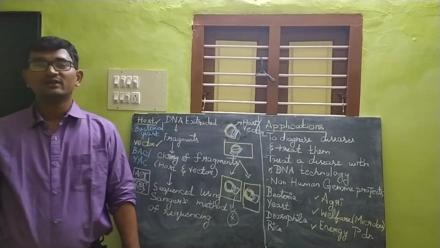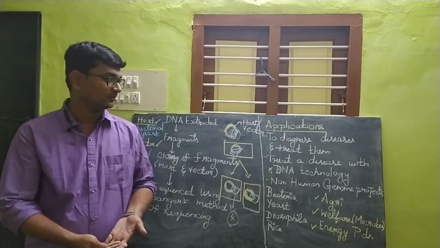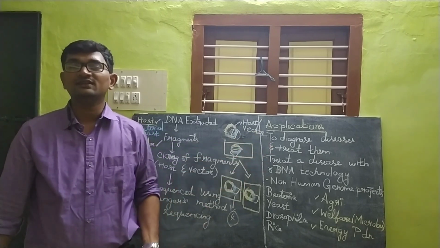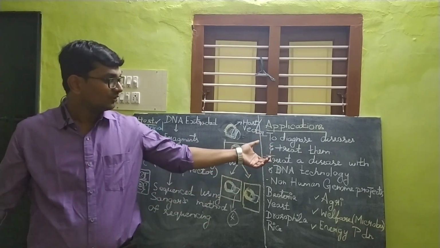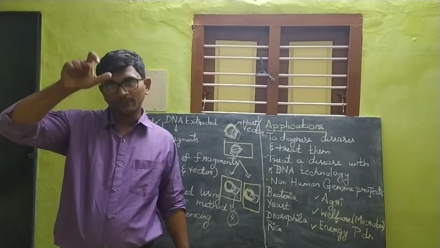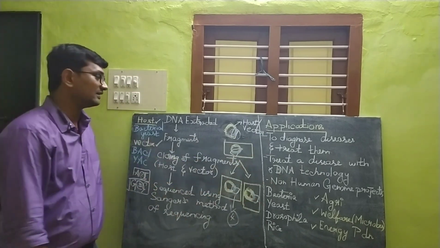Now we are going to the different applications which are used in the Human Genome Project. To treat a disease, we can go for the Human Genome Project. Specifically, if you want to treat a particular disease, you can go for rDNA technology. What is rDNA technology?